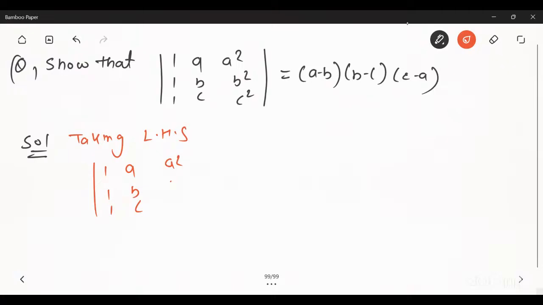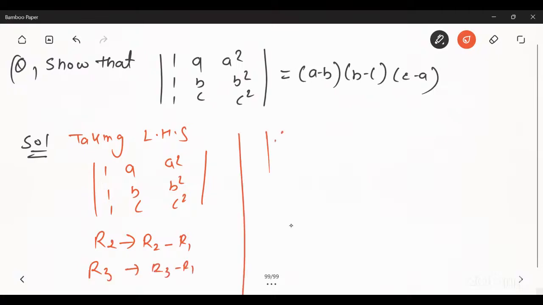So you will get 1, a square, minus 0, so b minus a, b square minus a square, and 0, c minus a, c square minus a square.